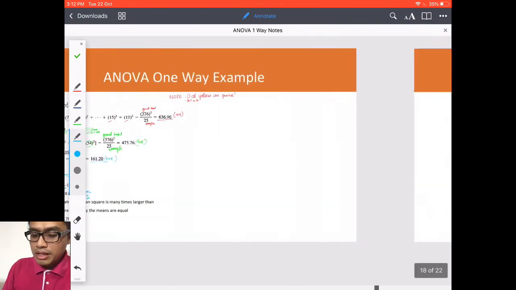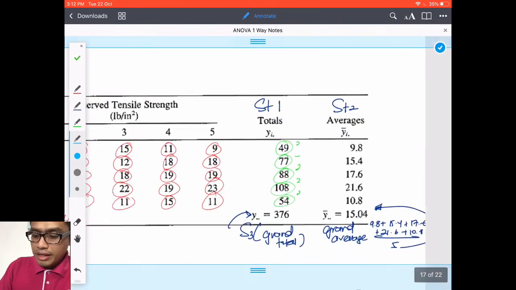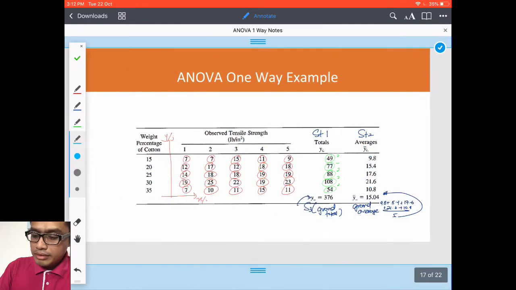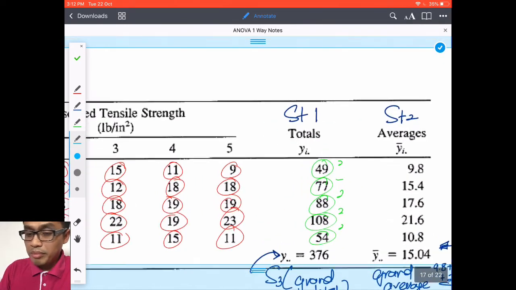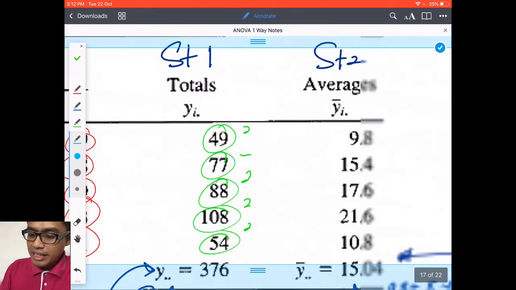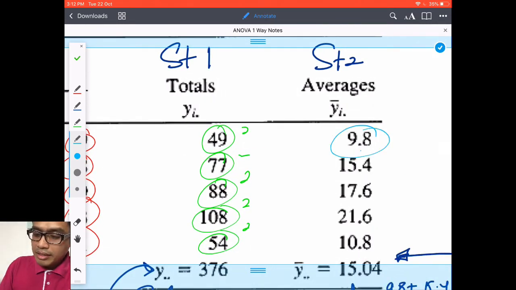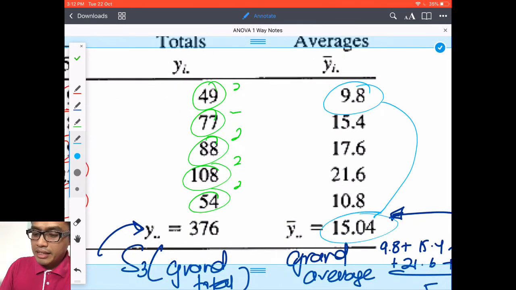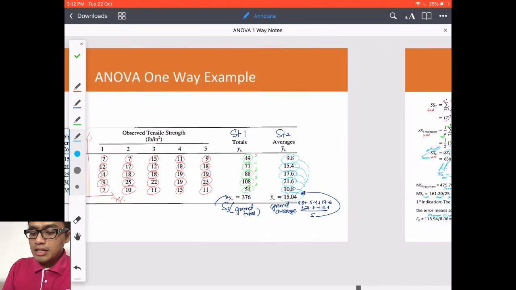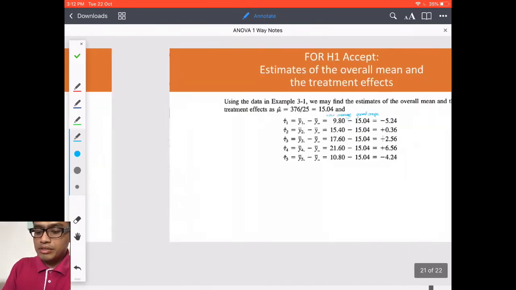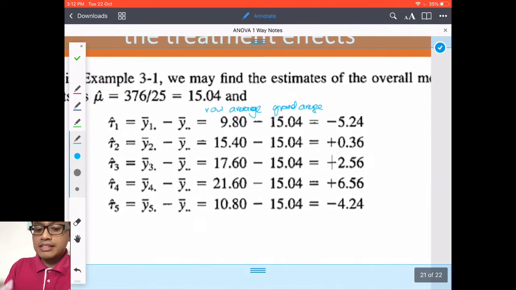Let's go back to that slide. This number minus the grand average, this number minus the grand average, and so on. So you have 5 levels, so you have 5 values.